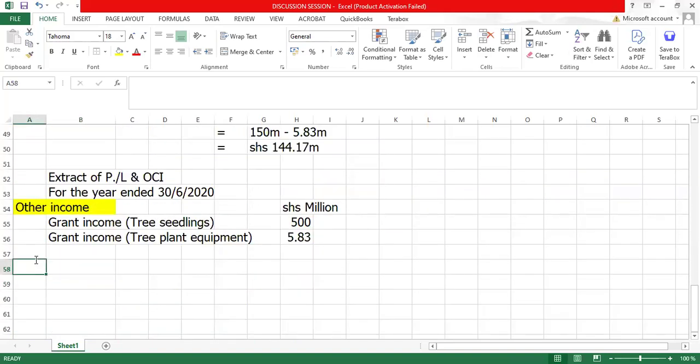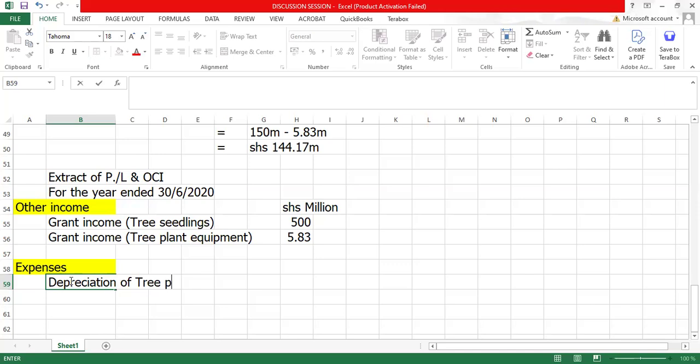Here we have expenses as well, but we have only one expense, the depreciation for this financial year. Okay, so the depreciation expense, that's the depreciation of tree planting equipment.